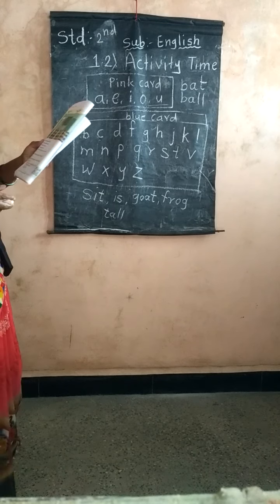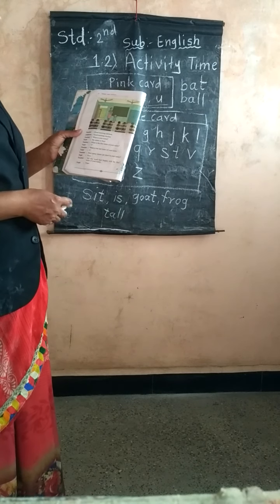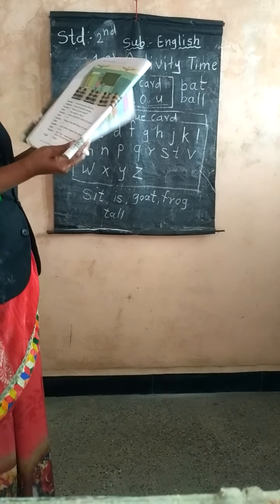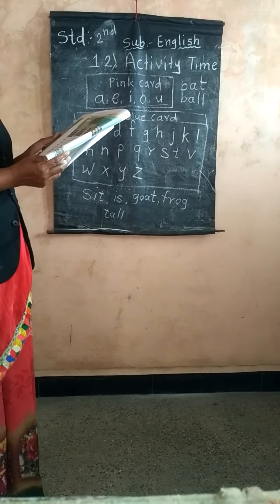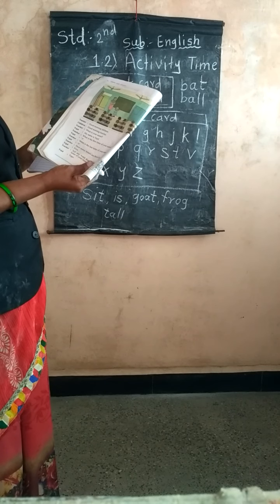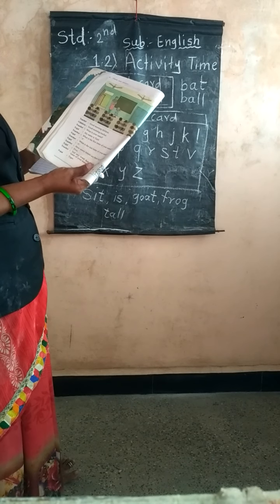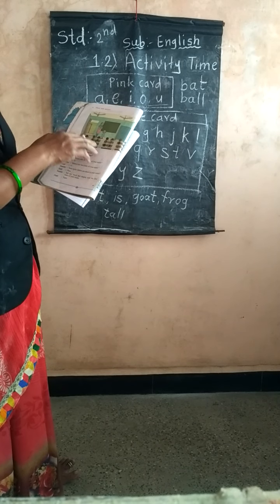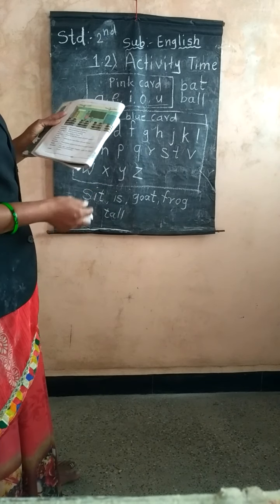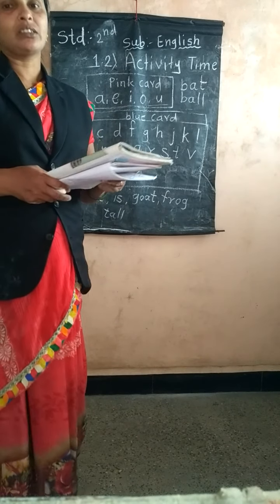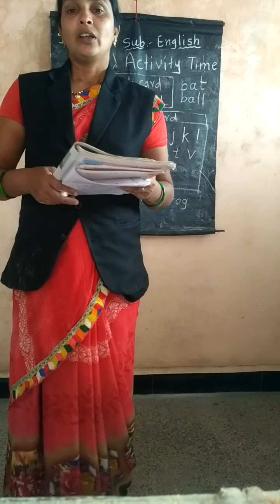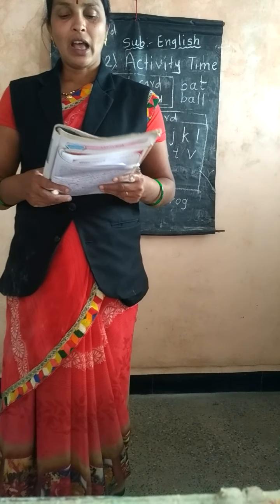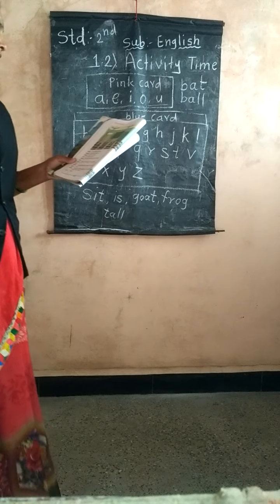Now listen. Here is the teacher and a student. In this activity, the teacher and one student are standing near the blackboard, and the other students sit on benches. The teacher asks some questions to the student, and the student gives the answers.